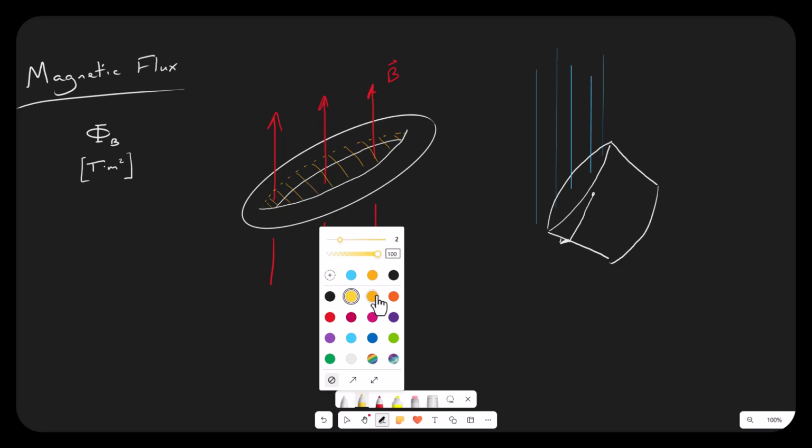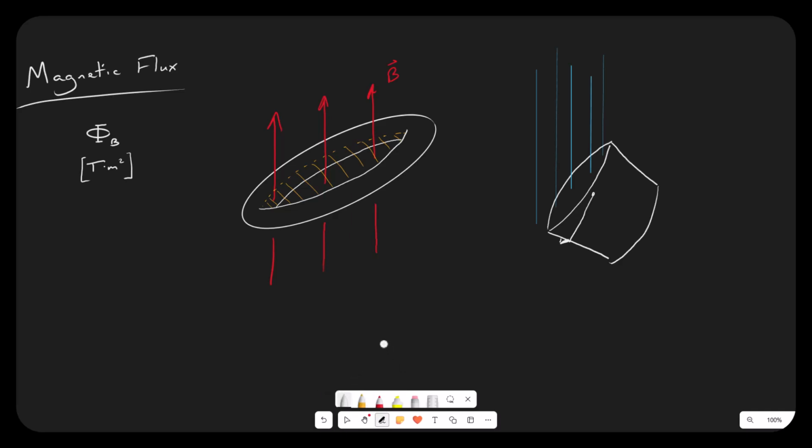Magnetic flux, or rain flux, I guess, would be a measure of how much rain is getting into my bucket. So that's going to depend on a couple of parameters.